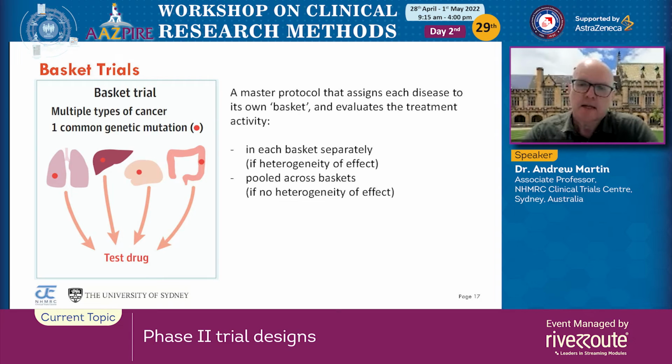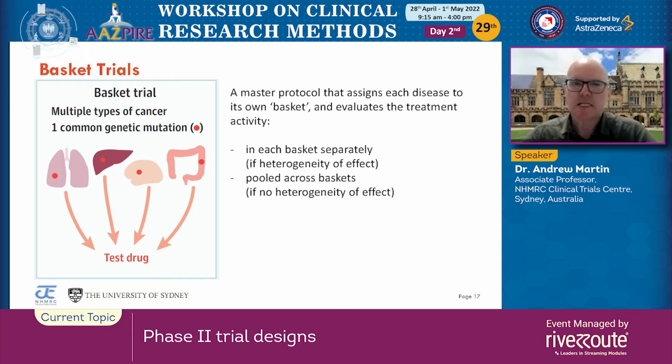And the way I've explained it would mean that each particular basket, so each individual cancer and the activity of the drug in the cancer, would be evaluated separately, which makes sense if there is evidence of heterogeneity of effect across the different cancer types.